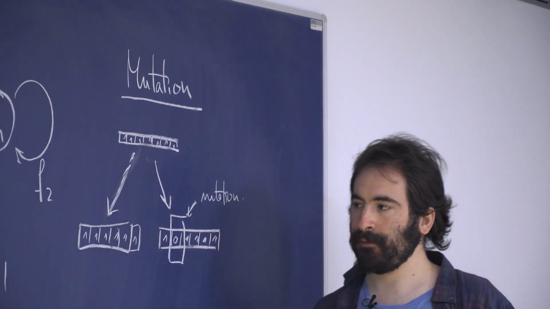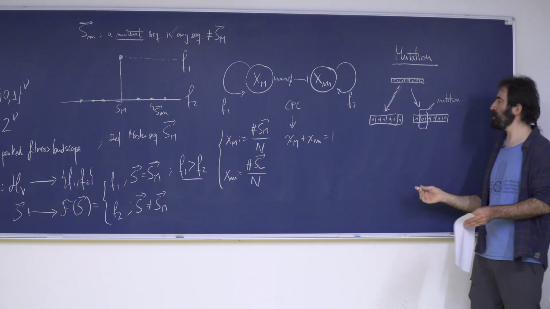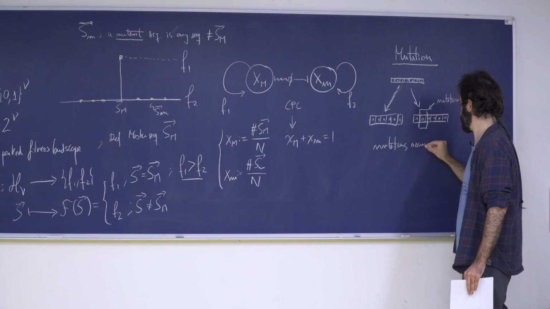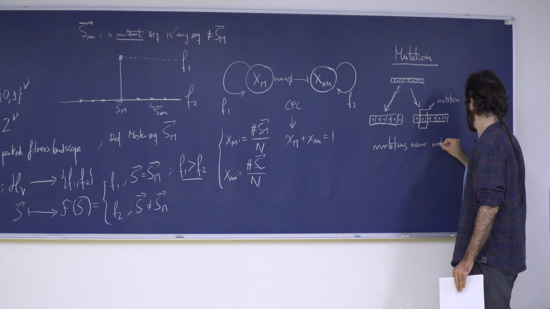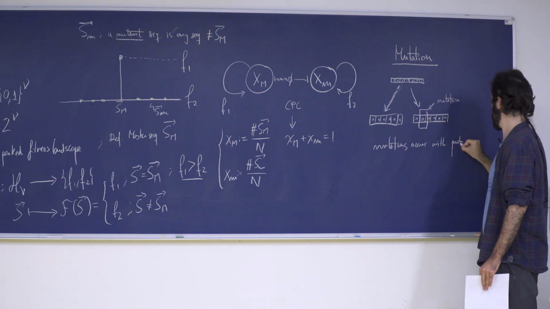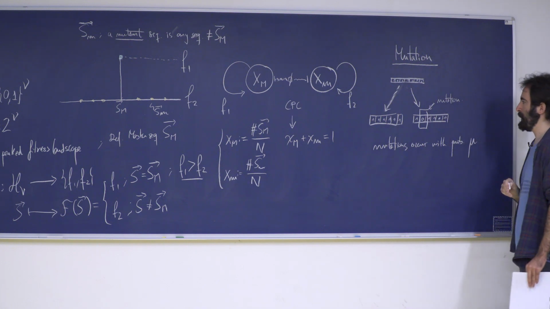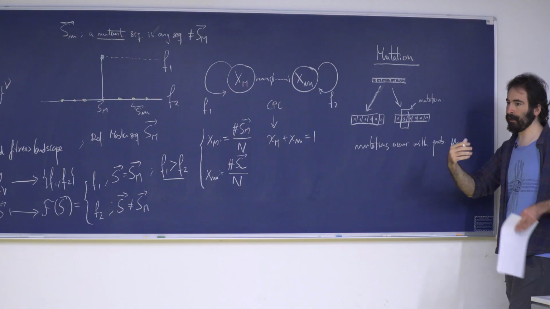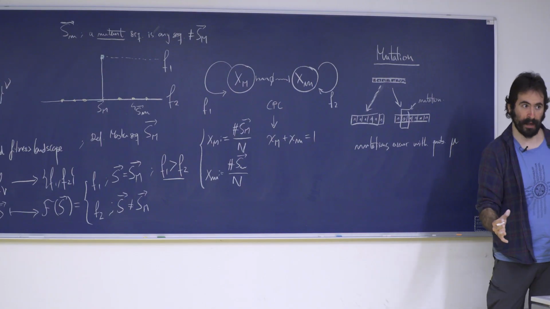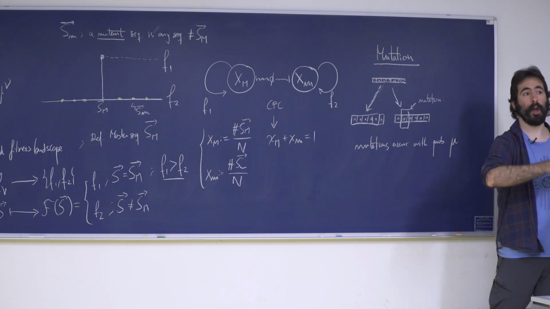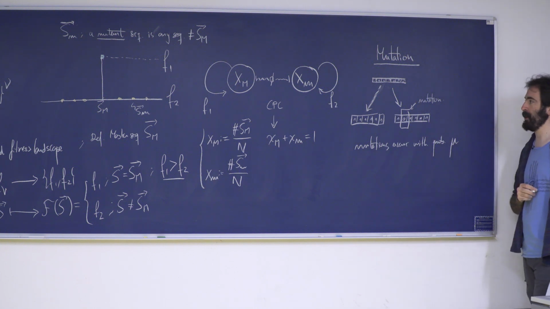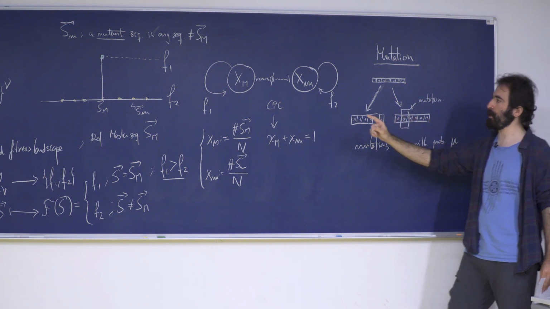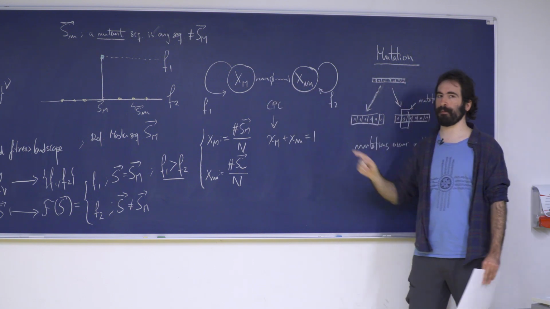Now, what we will say for the moment is that mutations occur with probability mu. In other words, what we're saying is that any given string, when replicating, will lose its information in whichever way, either by changing 1 bit, 2 bits, or many bits, at this probability. Great, so what does this imply for our system here where we had the master sequences and all of the mutant sequences?